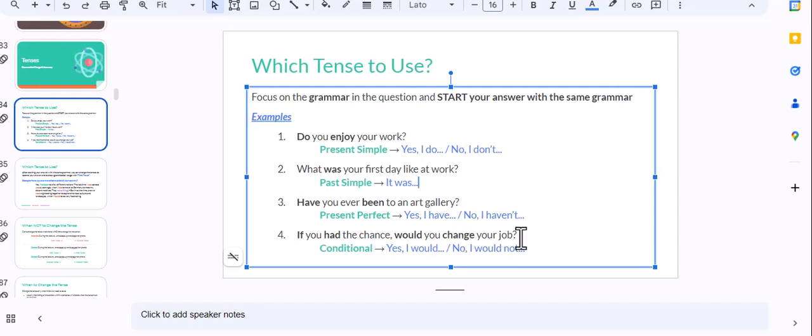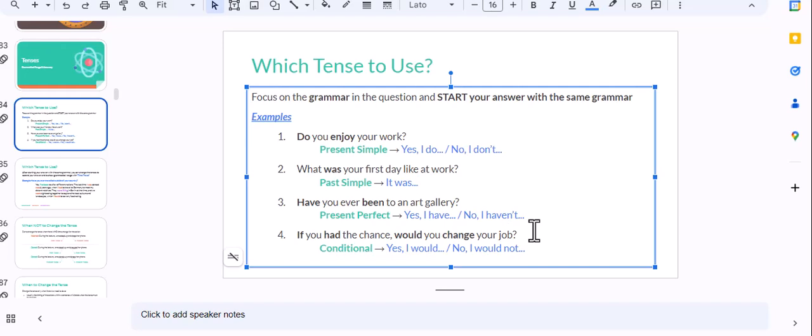Okay, let's move on to the next one. And here we have the if conditional, and I have a lot to say about the if conditional, but for now let's keep it simple and focus on the question and answers. Later on I'm going to create for you a whole episode about the conditional. So here we have this question. If you had the chance, would you change your job?